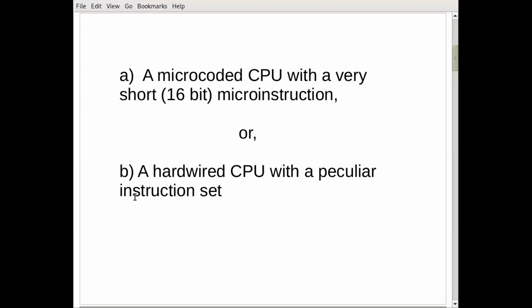So this is either a microcoded CPU with a very short micro instruction, a 16-bit micro instruction, which, as anyone will tell you, is pathetic. Or it can be viewed as, forget the micro instruction, it's a hardwired CPU. There is no micro instruction store separate from the main instruction store. A hardwired CPU with a very peculiar instruction set. Or in other words, pathetic.